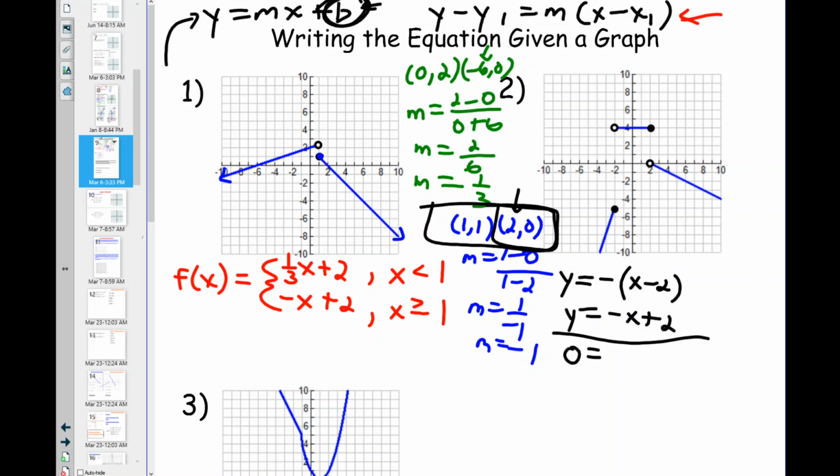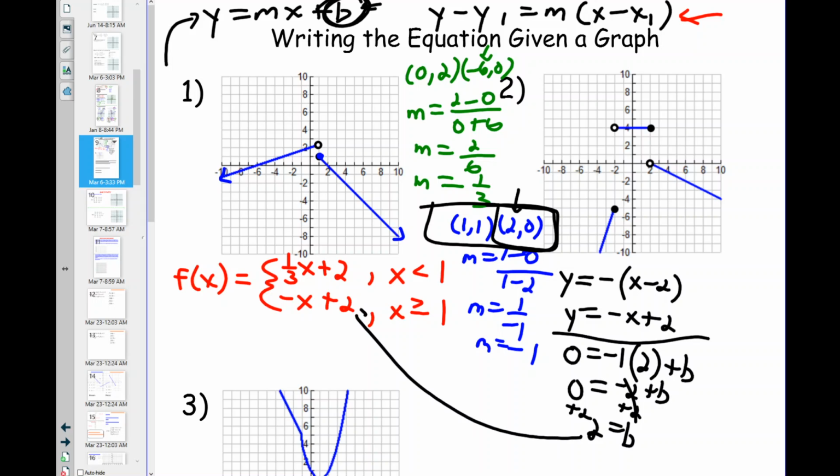And then you would say m was still -1 times the x of that point, which was 2, plus the b. So you would get 0 = -2 + b, plus 2 on both sides, 2 equals b. And either way, you still end up with the same y-intercept.